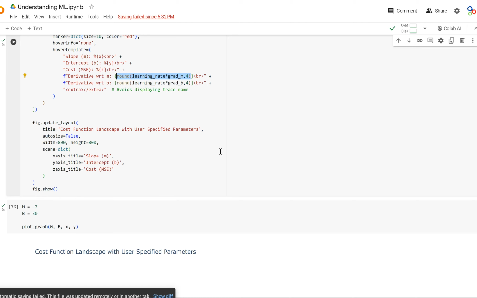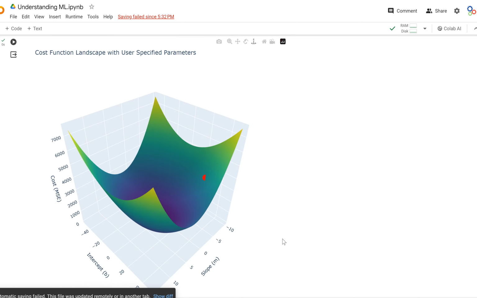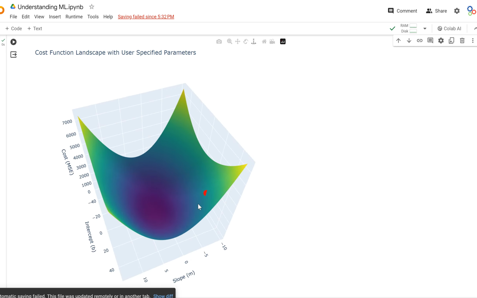The learning rate lets you control how big of a step you want to take in the direction of m or b in our case, because sometimes the gradient can be really big, and if you don't apply a learning rate to sort of shrink that number, you could wind up overshooting and taking a step that's really big, and you wind up over here with a really high cost, and then taking a big step that winds you up over here, and then over here, and then over here, and you'll never optimize because you're taking too big of steps.